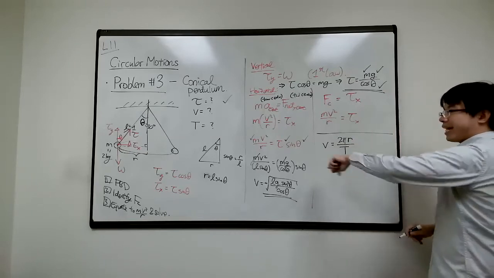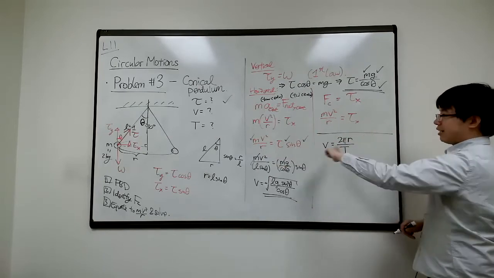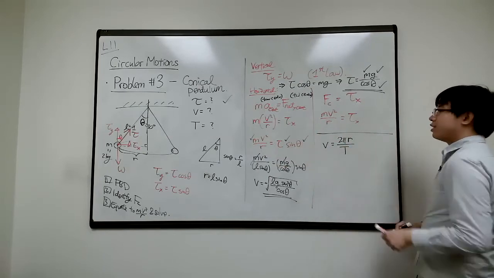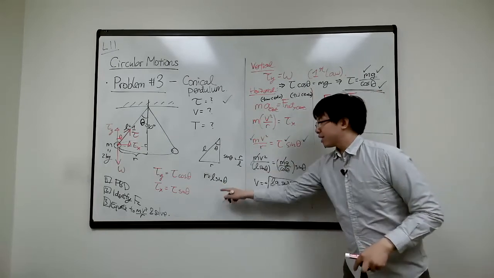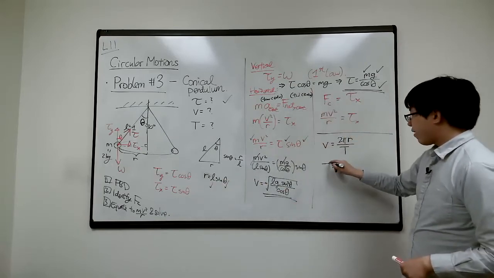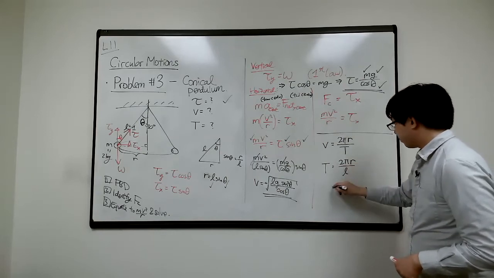The time taken to go 2 pi r is T, capital T, and the distance it has traveled in the whole cycle is 2 pi r. Okay, so now, do you know r? Yes, it's L sine theta, which both of them you have. So to find a period, you want 2 pi r over v.